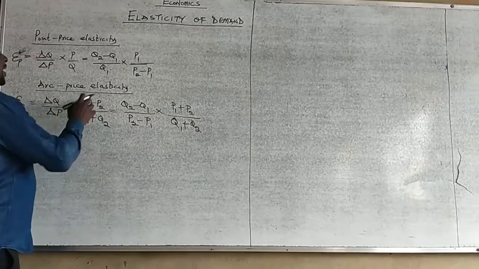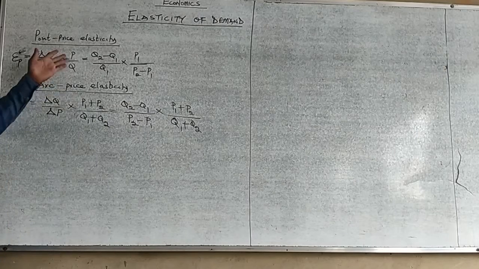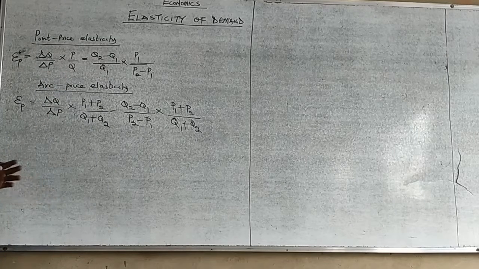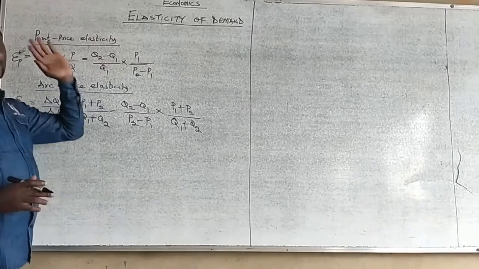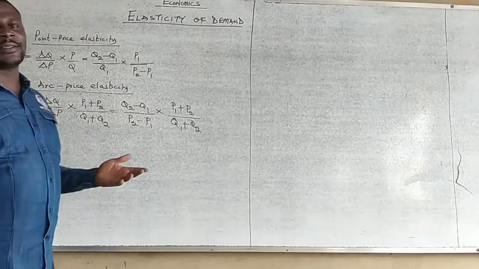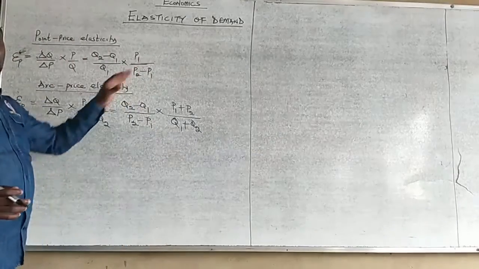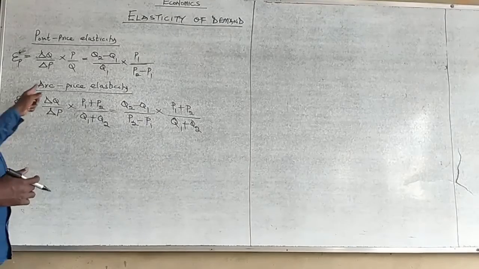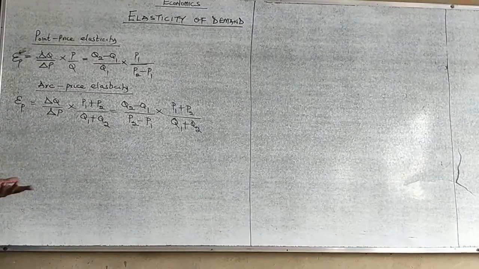This is arc elasticity. So you might be given a question and it will ask you to use any of the formulas. But in a situation where they don't specify, use the first one. If they just say find price elasticity of demand, like the one we did the other time, you just use this one. But at times they will state that you should use arc price or use the two.